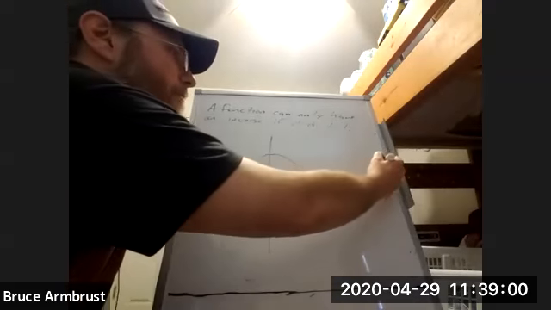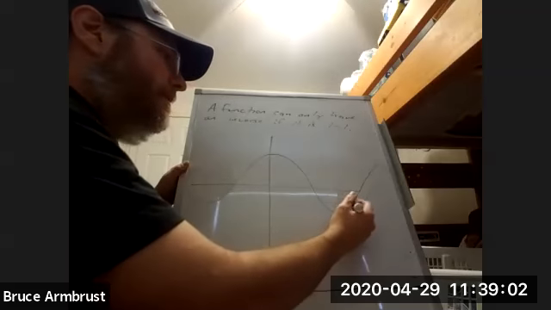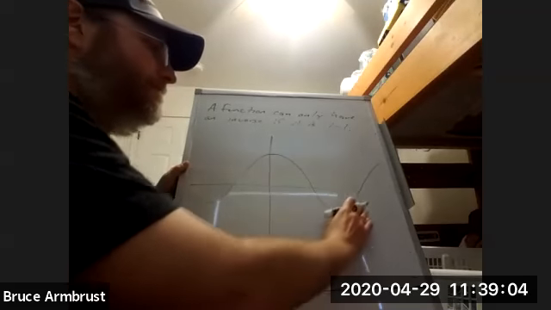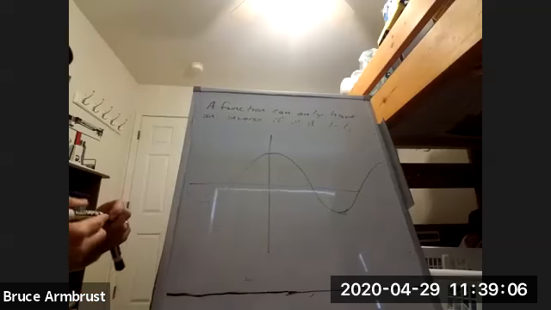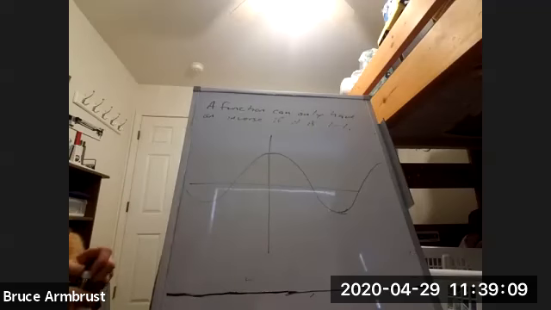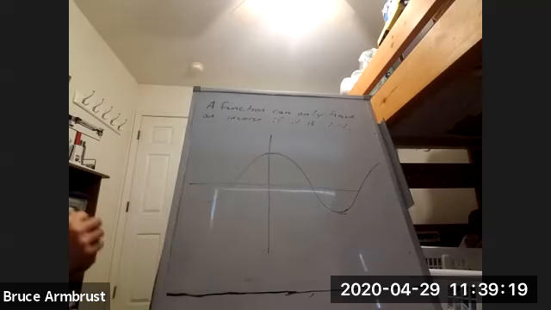What I need is for this to be 1-to-1, so that it would pass the horizontal line test and I don't get the same values twice. I'm going to do this by erasing pieces of this graph that don't fit what I want.